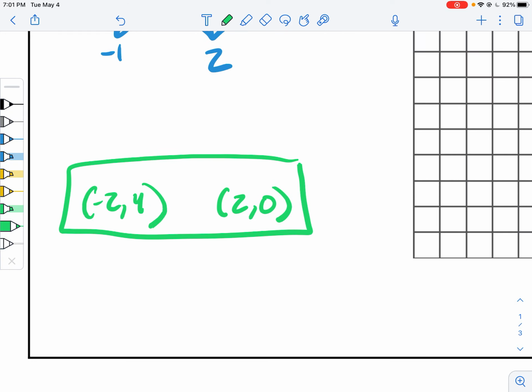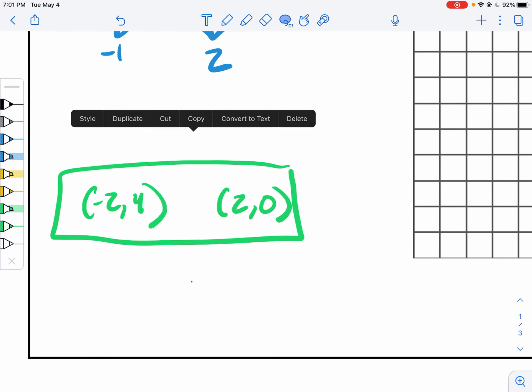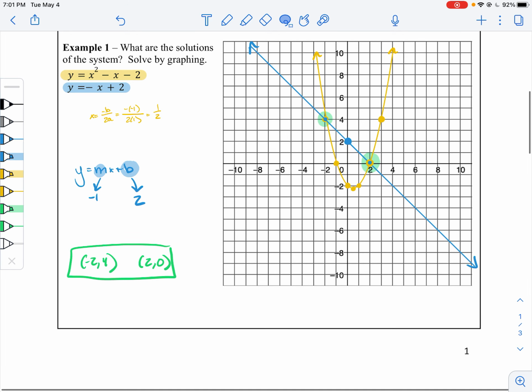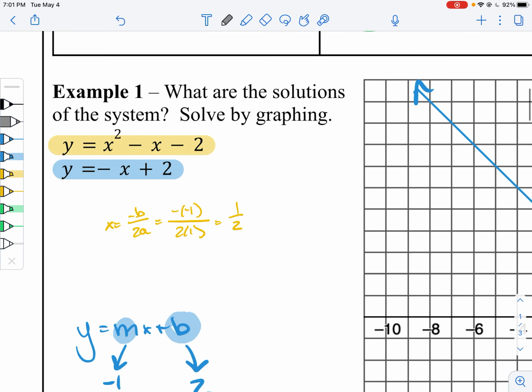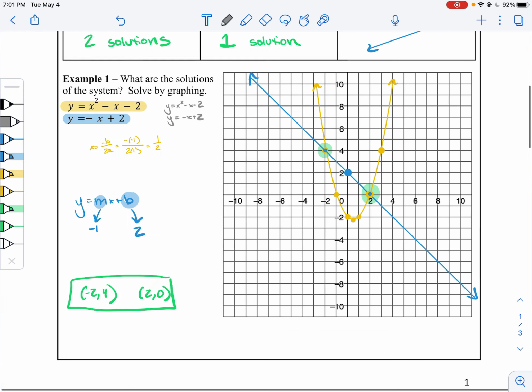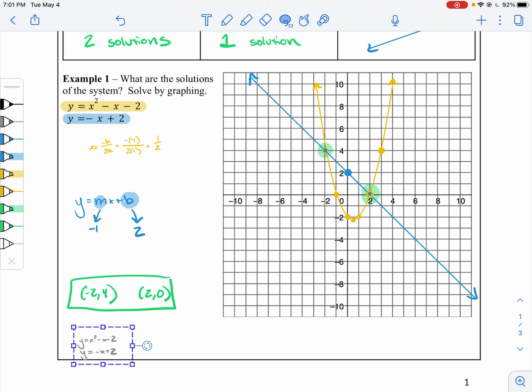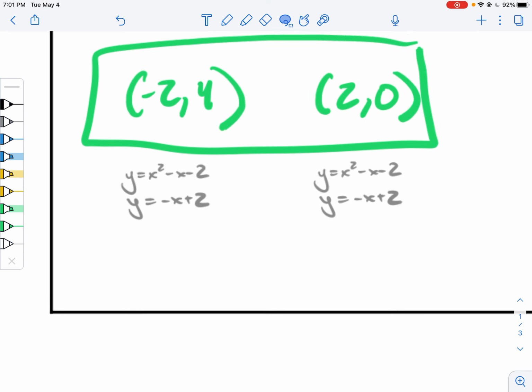Now we can check that our solutions are true by plugging them back into both equations. That means taking y equals x squared minus x minus 2 and y equals negative x plus 2. You take each point and plug it in.